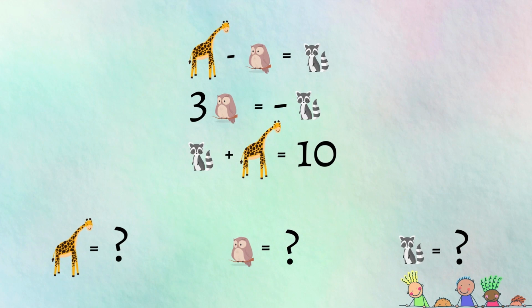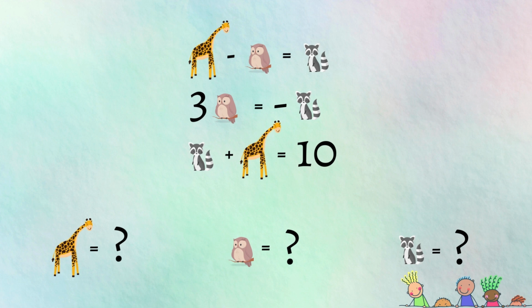We're gonna start with a bang, challenging those brain cells with straight-up math. Given these three equations, can you figure out what the animals stand for? Shall we solve this one together?